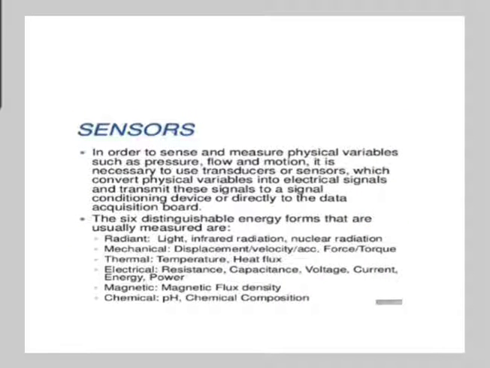So what is sensor? We have already seen some information related to the sensor. In order to sense and measure the physical variables such as pressure, flow and motion, it is necessary to use the transducer or the sensors, which convert the physical variables into electrical signals and transmit these signals to a signal conditioning device or directly to the data acquisition board.